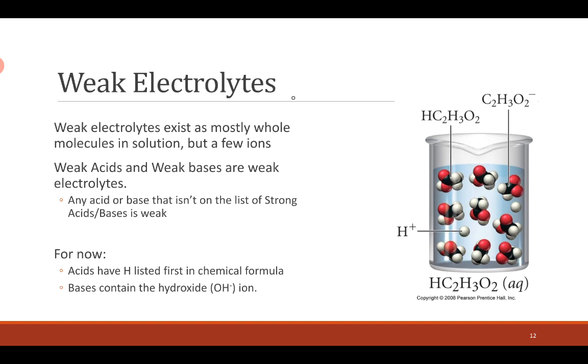Weak electrolytes are in between. And so weak electrolytes exist mostly as intact molecules, but then there's a few ions. And so here we will look primarily for weak acids or weak bases that are not ionic, because all ionic compounds are strong.